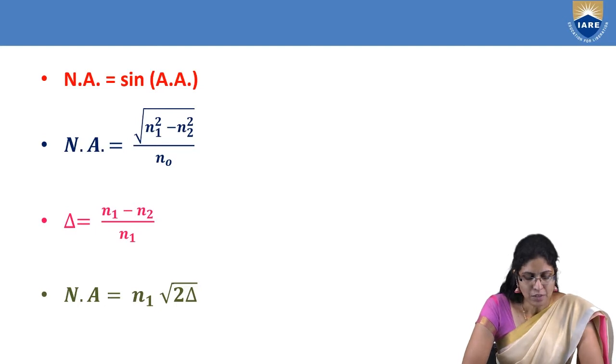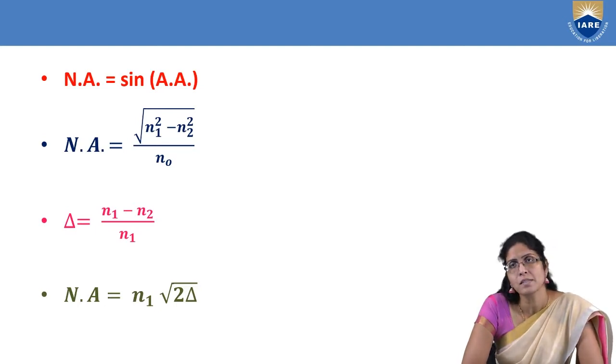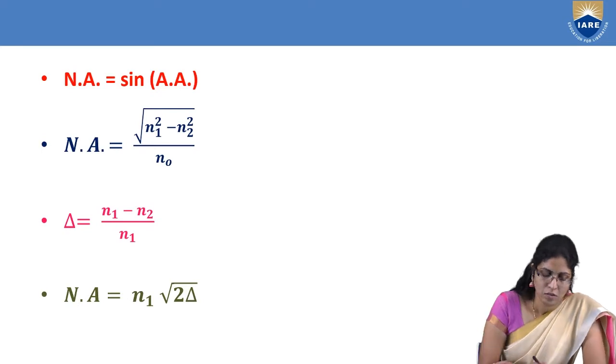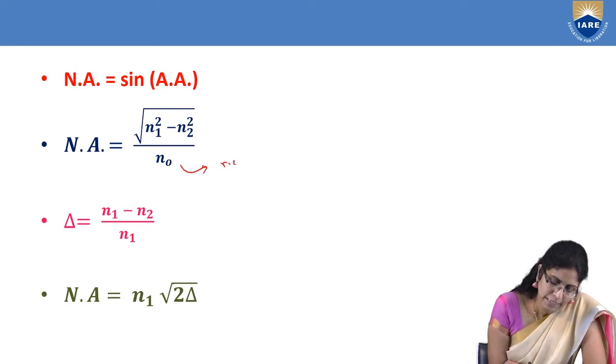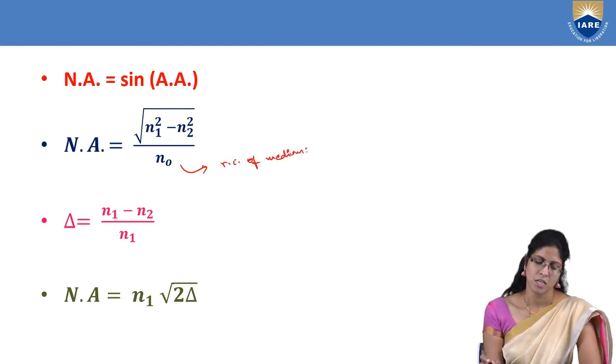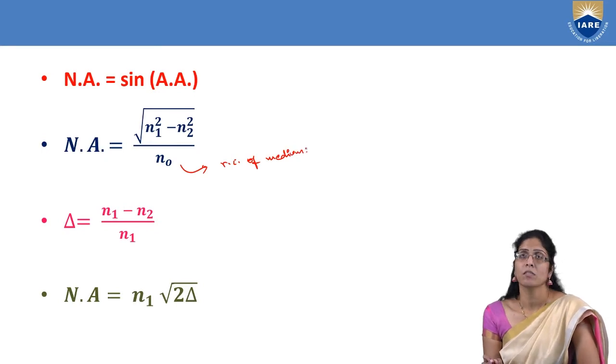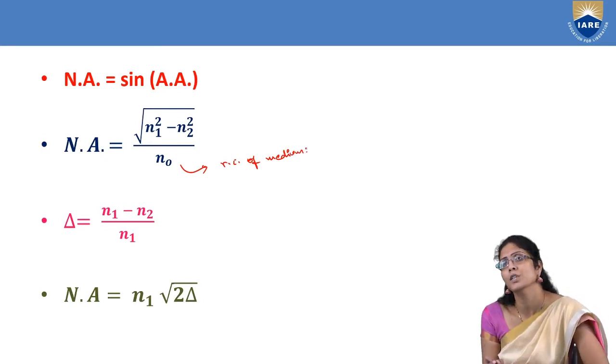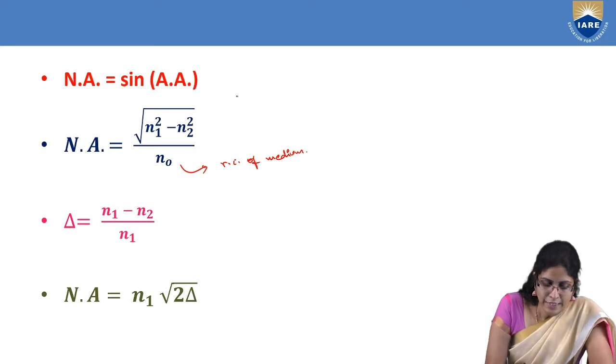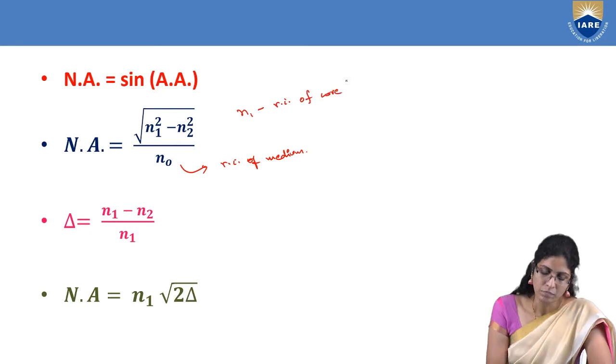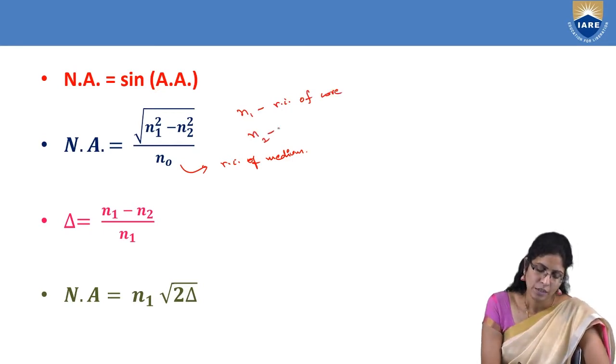And for the numerical aperture, we have derived the formula as root of n1 square minus n2 square by n0, where n0 is the refractive index of the medium through which the light propagates and then enters into the core and the cladding, where n1 is the refractive index of the core, which is always greater than n2, the refractive index of the cladding.